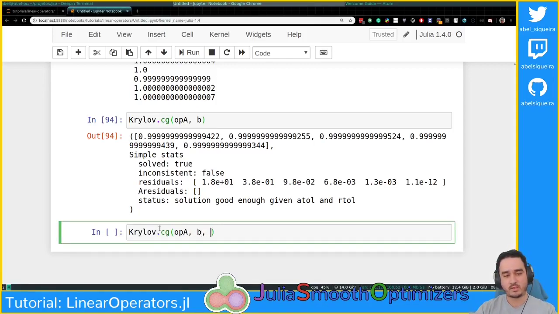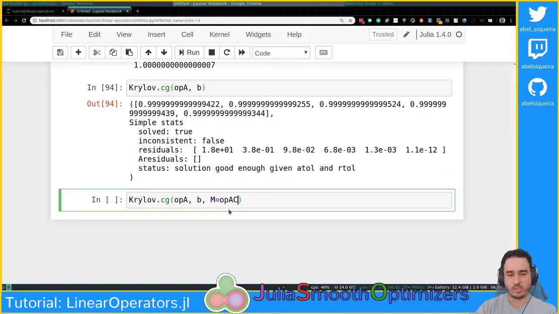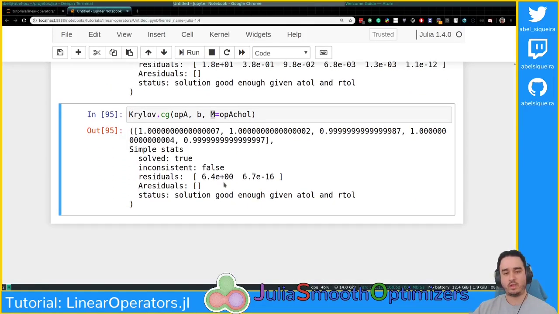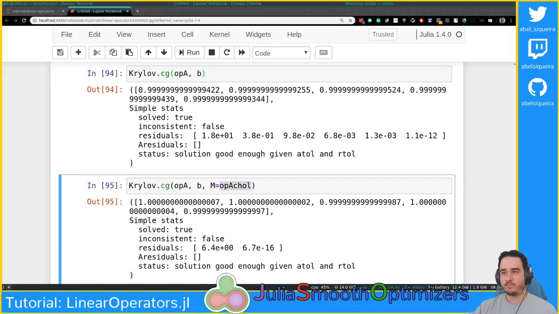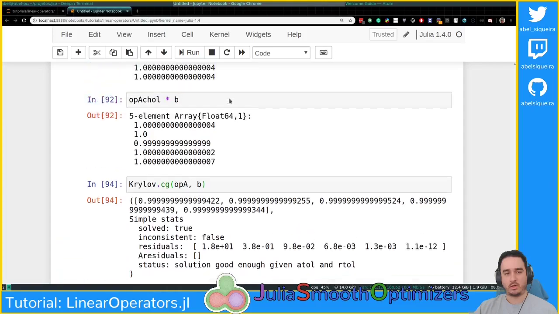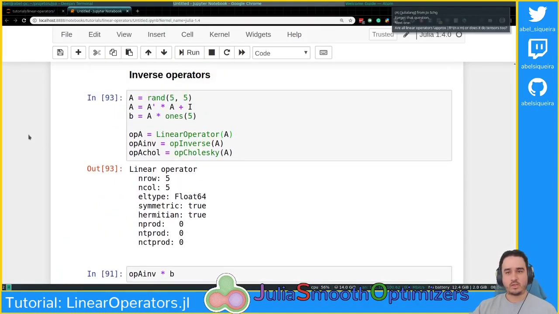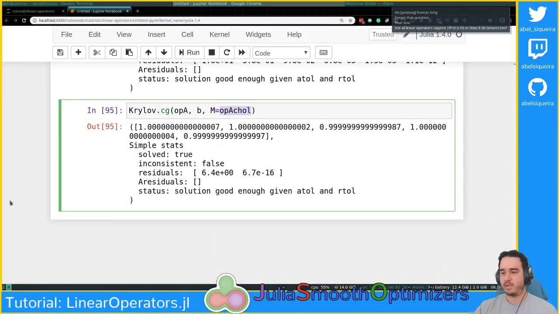I could pass OPHL as a preconditioner, the Cholesky. In this case, the preconditioner is perfect, so there is only one iteration, which is the iteration to solve the system. This is to show that it is working as intended. So I have the inverse and Cholesky operators as well. I can define many things this way.